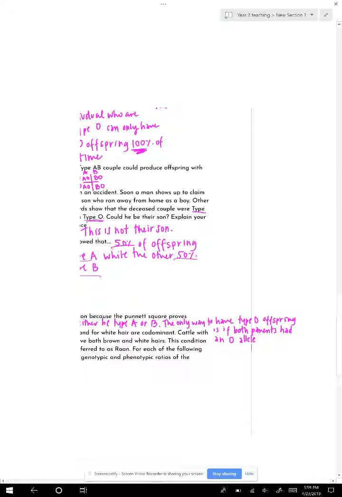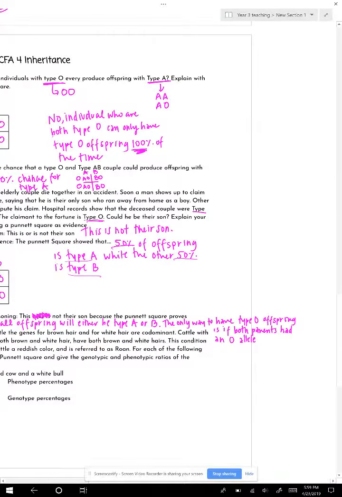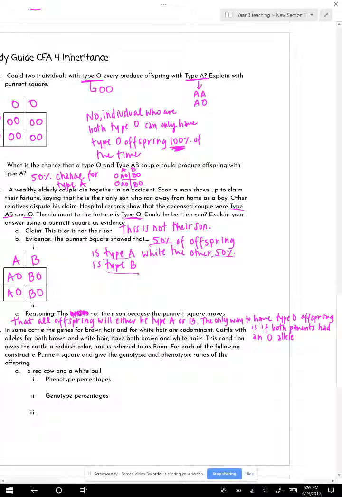So that would be a complete explanation right there. So it says that this is not their son because the Punnett square proves that all the offspring will either be type A or type B. The only way to have a type O offspring is if both parents had an O allele.